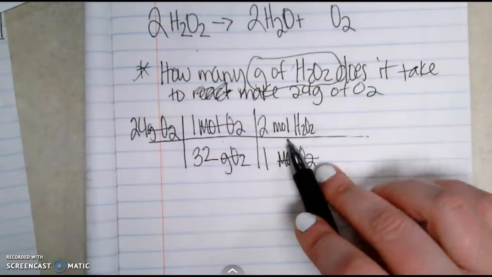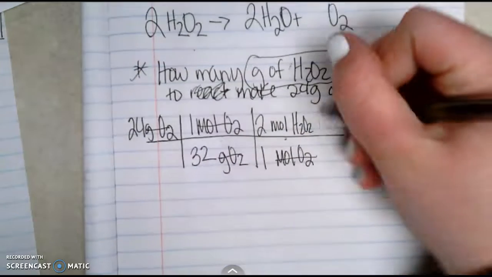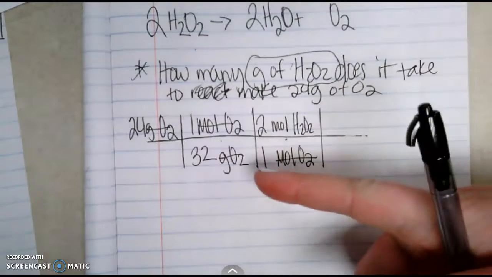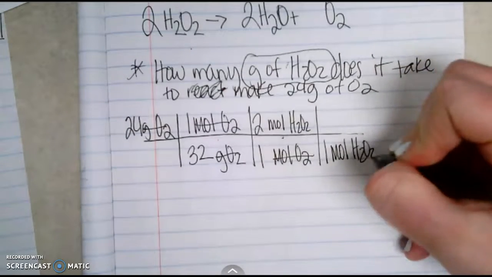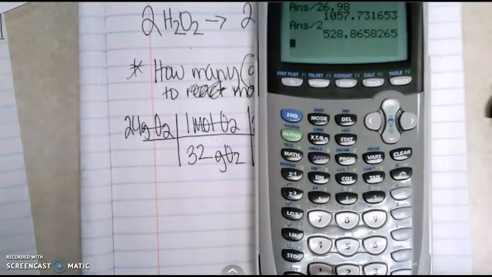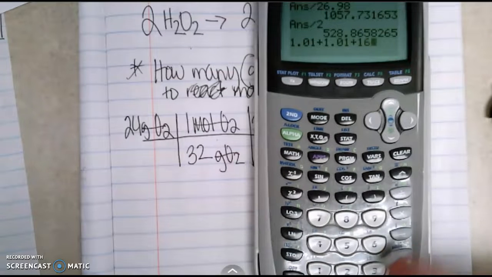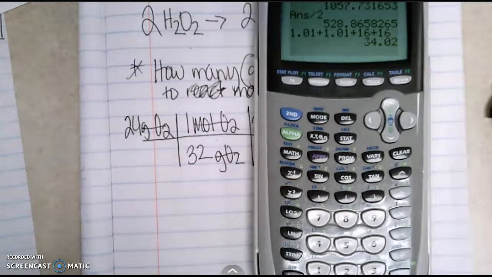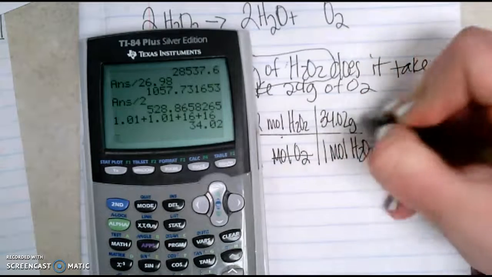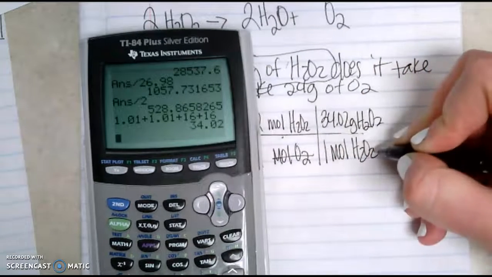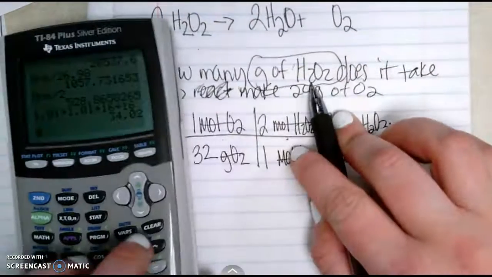Now I'm left with 2 moles of H2O2. I'm getting closer. I'm trying to get to grams of H2O2. So I'm going to use my periodic table to figure out that 1 mole of H2O2 is equal to 2 H's, which is 1.01 plus 1.01, plus the oxygens. So my total mass is 34.02 grams is equal to 1 mole of H2O2. So my moles cancel, and I'm left with grams of H2O2, which is what I'm trying to get to.